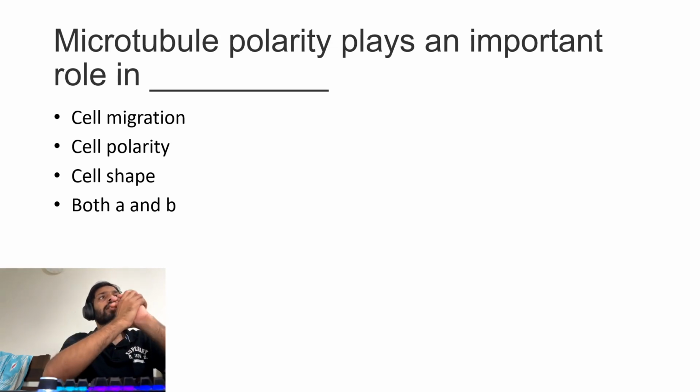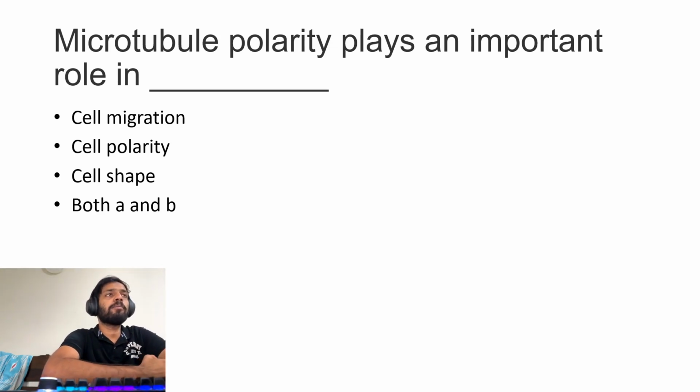Okay, so the first question is: microtubule polarity plays an important role in what? Cell migration, cell polarity, cell shape, or both A and B, which is cell migration and cell polarity. What do you guys think?